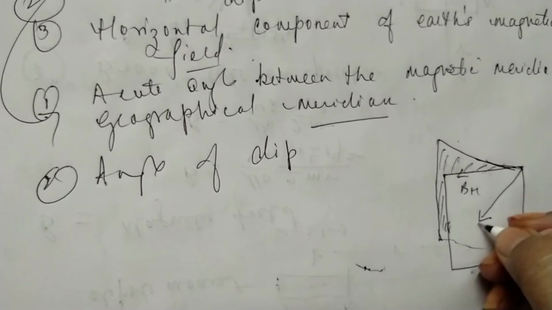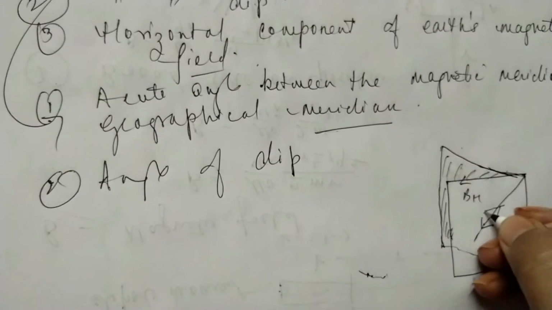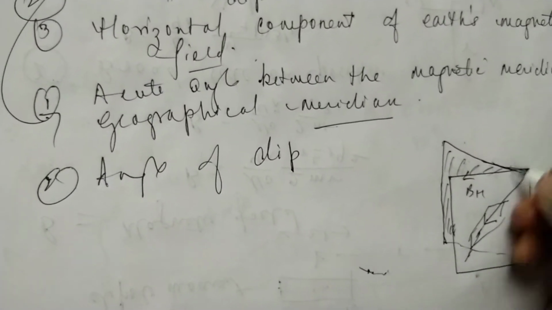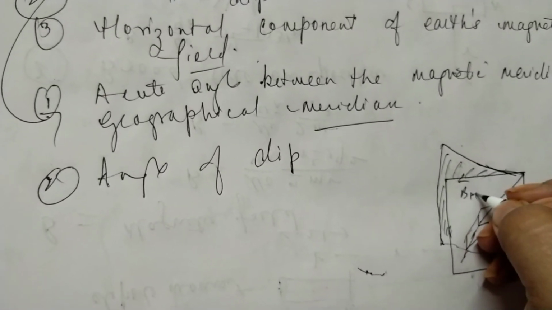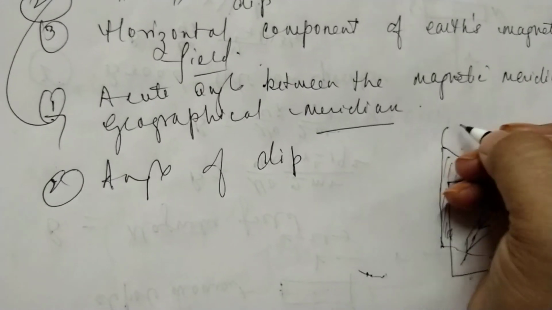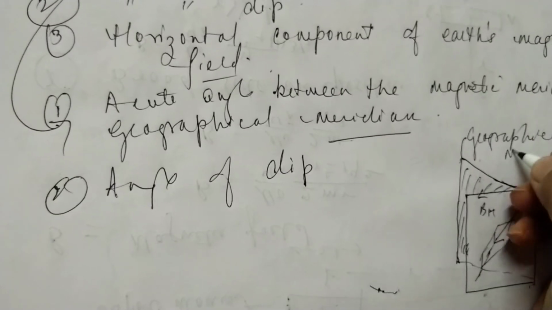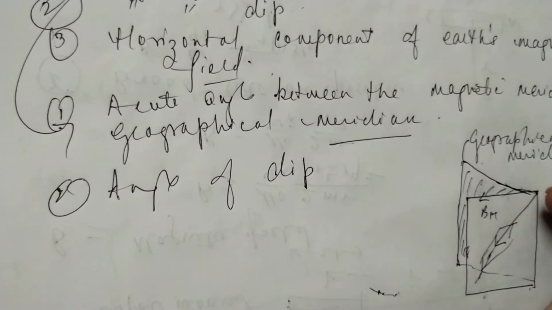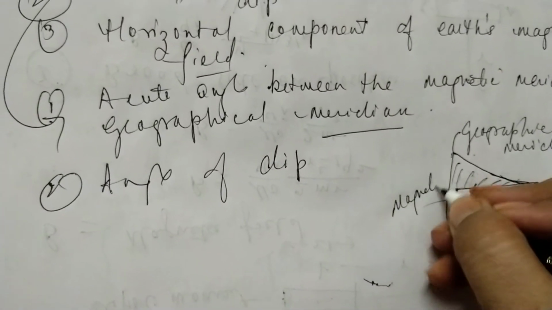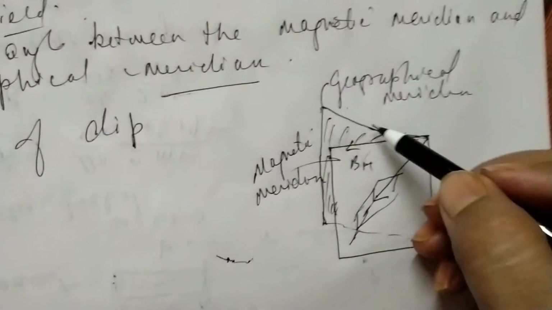This is the horizontal component of Earth's field, and this is the geographical meridian.